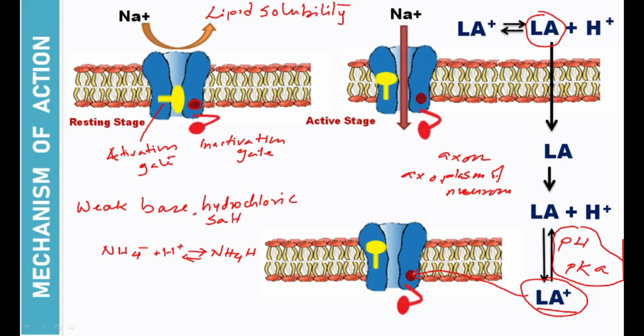It binds in domain 4, loop S6 of the alpha subunit, which is near the inactivation gate. The local anesthetic will bind to this particular site, which is also known as the local anesthetic receptor.